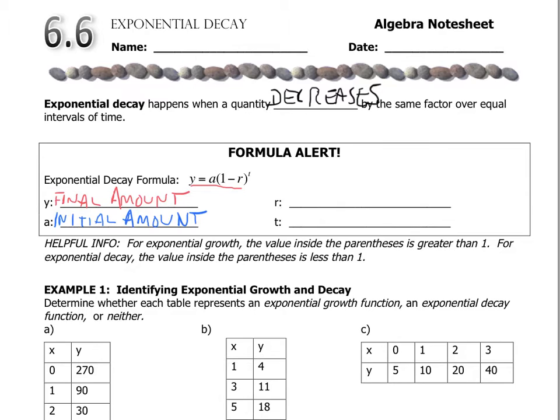The rate is called the decay rate. It is always how much we are decreasing as a percent, and it's always put in as a decimal.